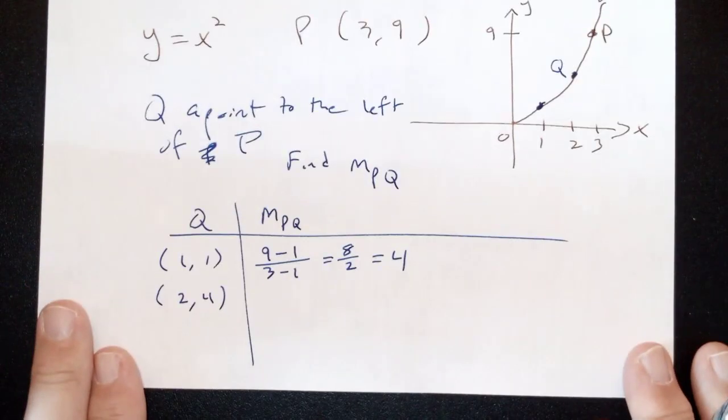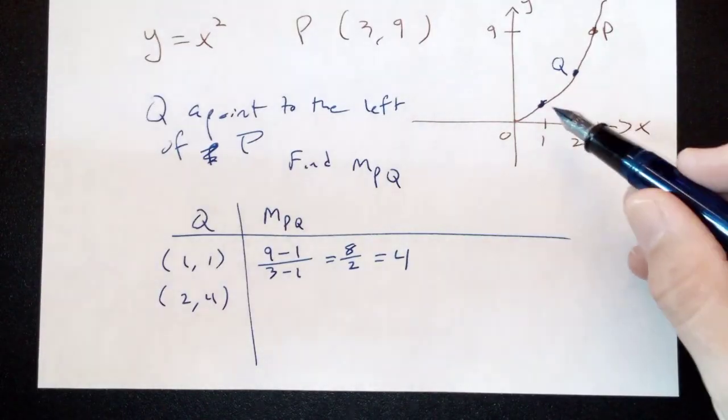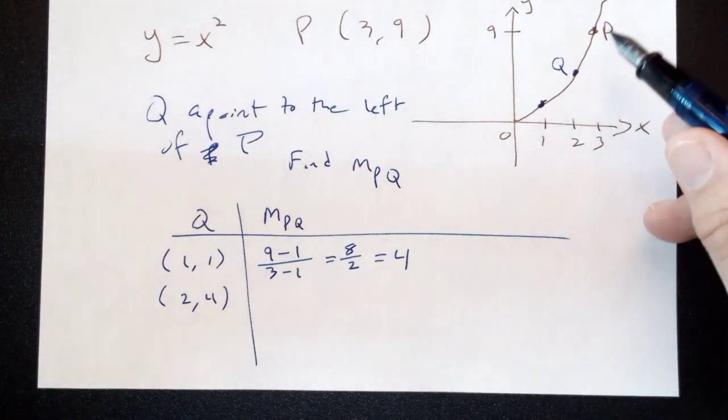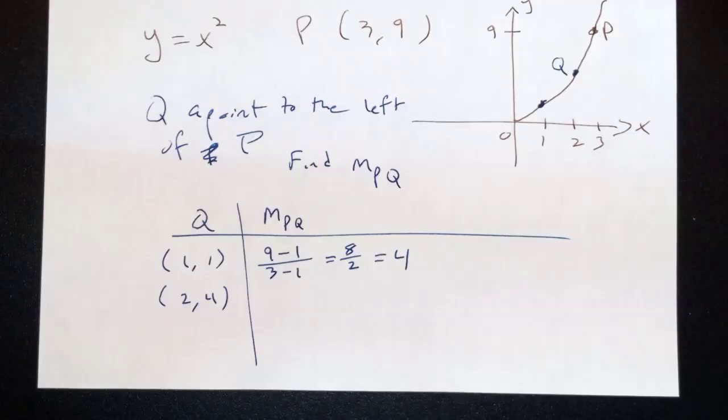Now, unfortunately, that's the line that goes from this point to P. That's clearly not a tangent line. It goes through the graph more than once. It's okay, we'll make it better.